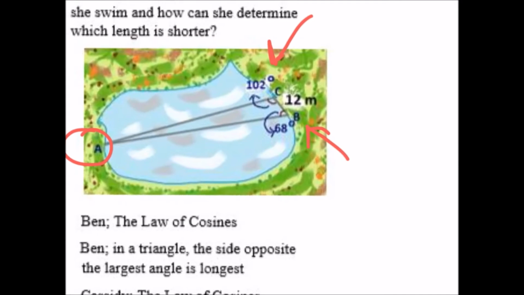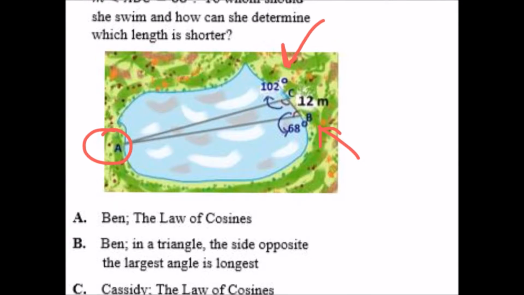And this is actually, there's no math involved, just some thinking. One thing that you need to know is that when you're looking at a triangle, the side that's opposite the largest angle is the longest side. So this technically becomes the hypotenuse because it's opposite the 102 degrees.